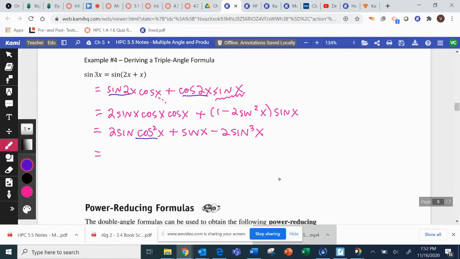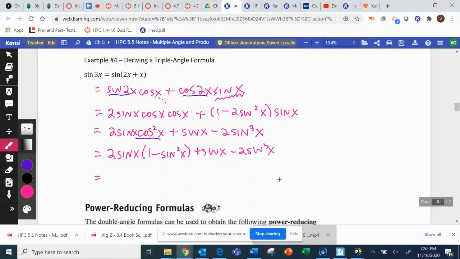At this step, I'm going to take out the cosine squared x and change that into sines as well. I get 2 sine x, and I'm going to multiply that by 1 minus sine squared x, plus sine x minus 2 sine cubed x.